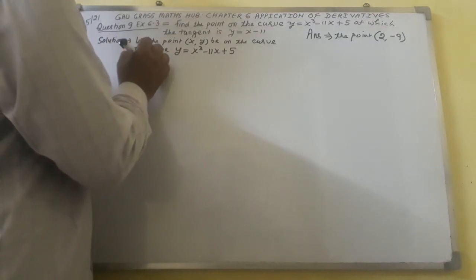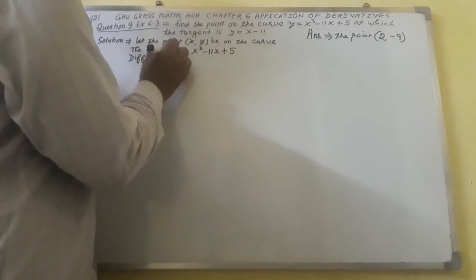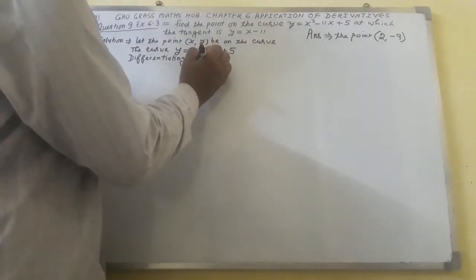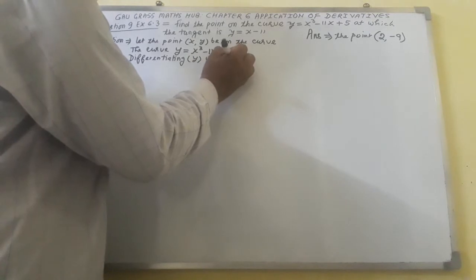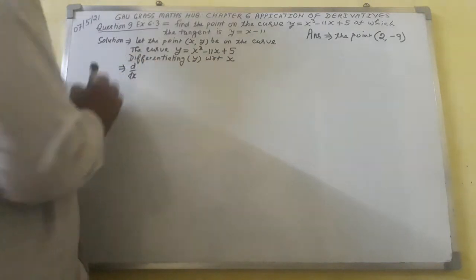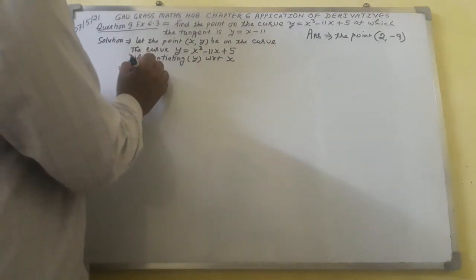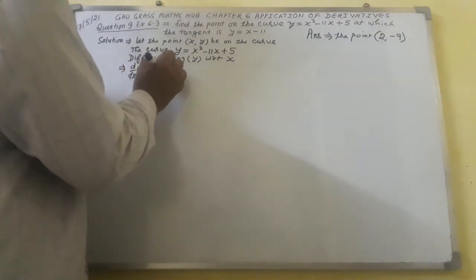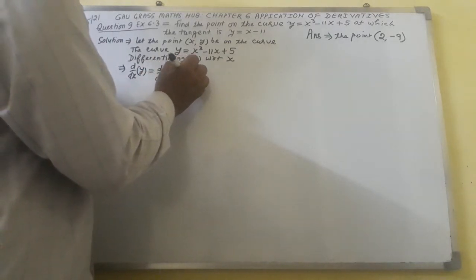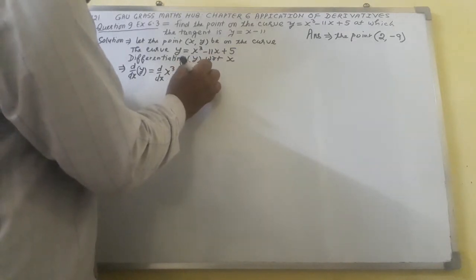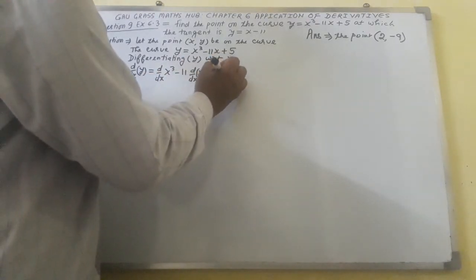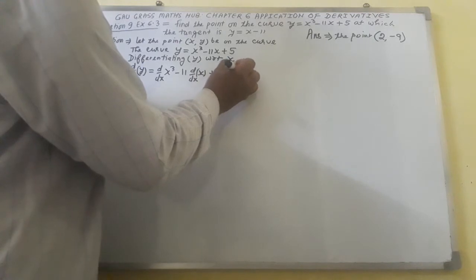Differentiating y with respect to x, d over dx of y equal to d over dx of x cube minus 11 dot d over dx of x plus d over dx of 5.